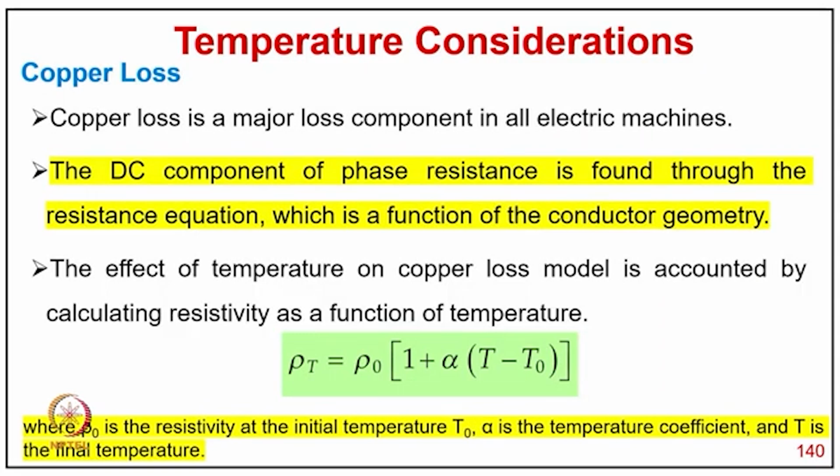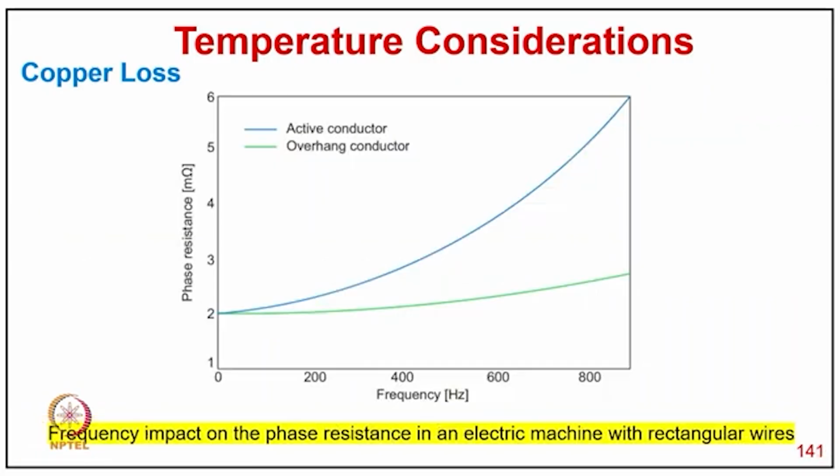Coming first to copper losses. Copper loss is the major loss component in all electrical machines. The DC component of phase resistance is found through the resistance equation, which is a function of conductor geometry. The effect of temperature on the copper loss model is accounted for by calculating resistivity as a function of the temperature: rho(T) equals rho 0 times the bracket 1 plus alpha times bracket T minus T0, where rho 0 is the resistivity at initial temperature T0, alpha is the temperature coefficient, and T is the final temperature.